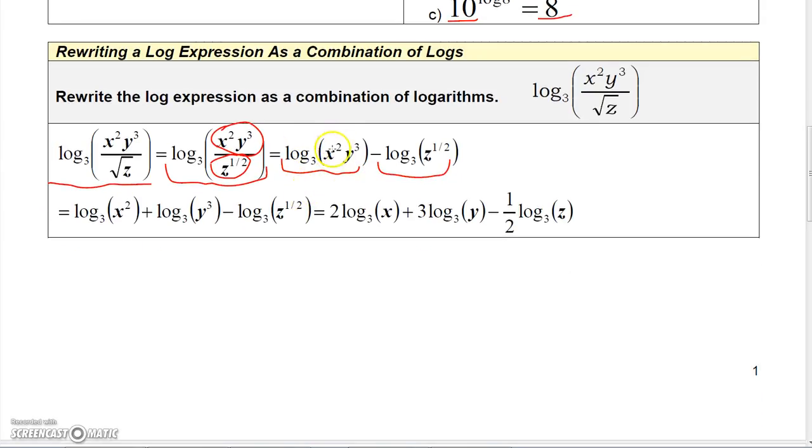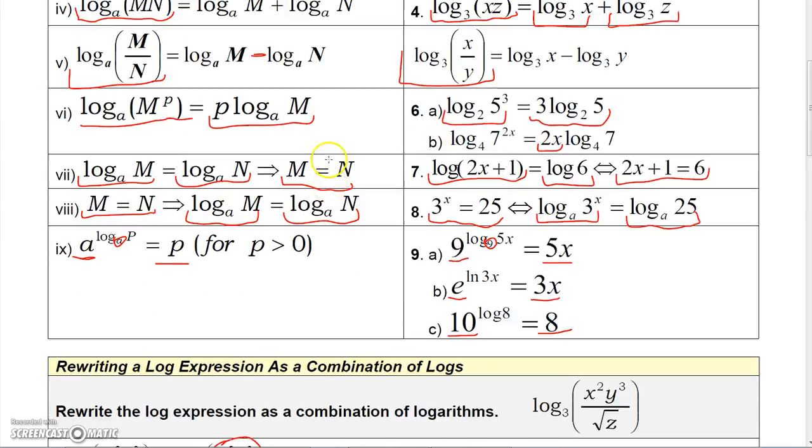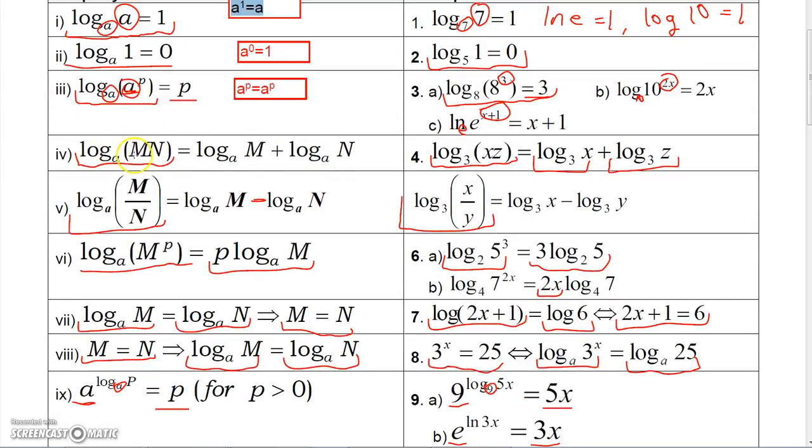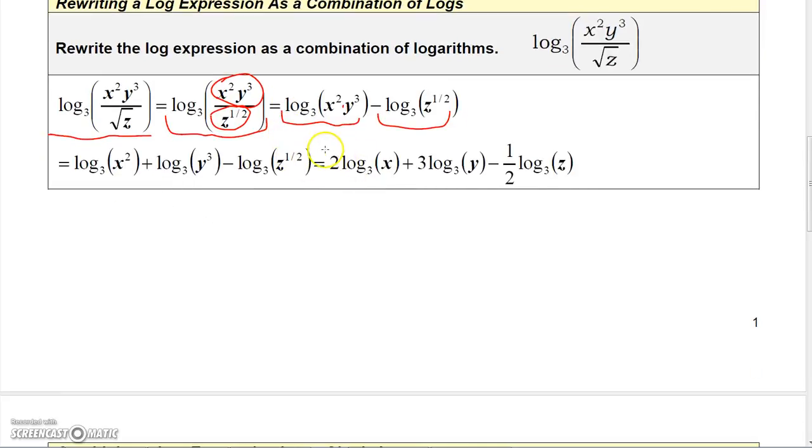Now, here I have a product, m times n. So up here I have a property that says the log of m times n is the log of m plus log of n. So I can break this up as log of x squared plus log of y cubed. And I just brought the third term down.